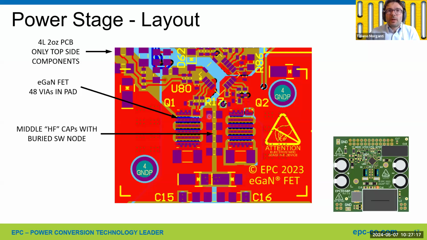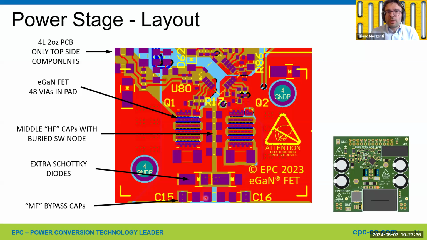And we have the extra Schottky diodes, and then we have the medium frequency bypass capacitors. Those are 1 microfarad to ground, 2 of them, and 100 nanofarad across the positive and negative rail. This is the gate driver, low side and high side.